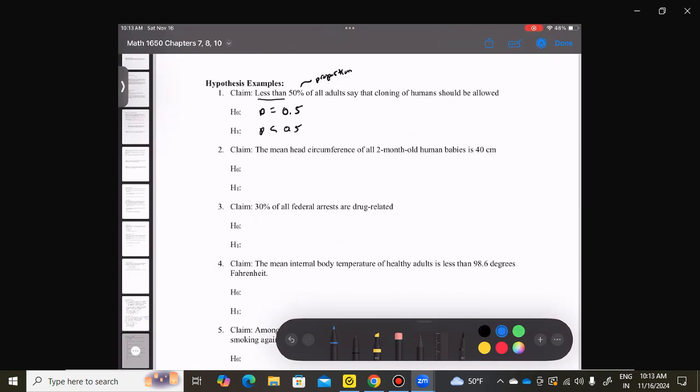The claim value is always going to be the same for each one of these. Again, the equal sign is always the same in the null hypothesis. And the alternate sign is the one that has one of the three: less than, greater than, not equal to. And then it's a proportion in both cases too, so these have to be the same as well.